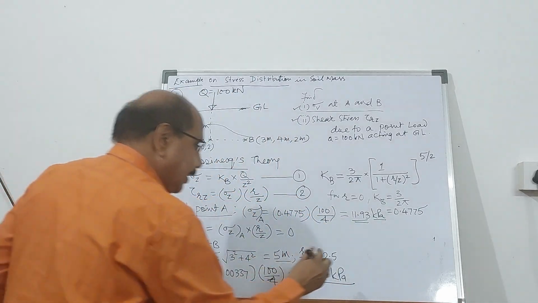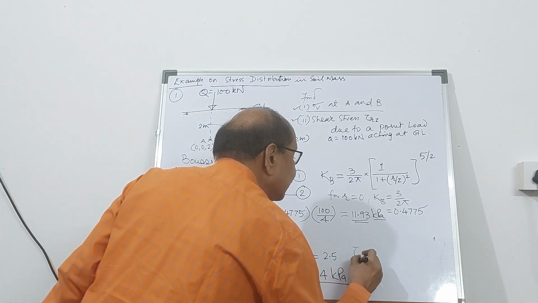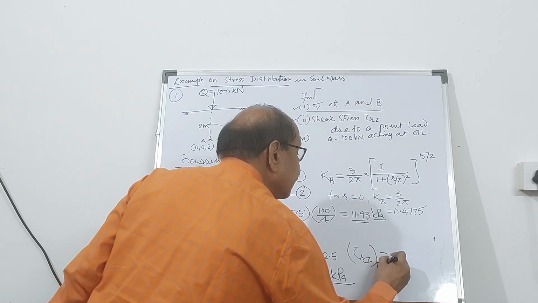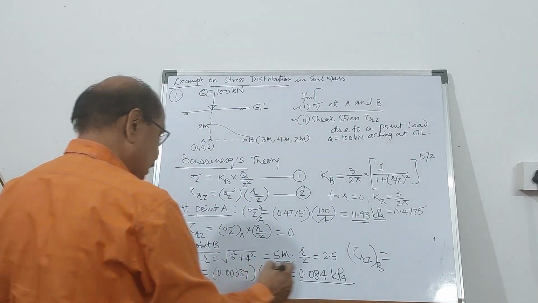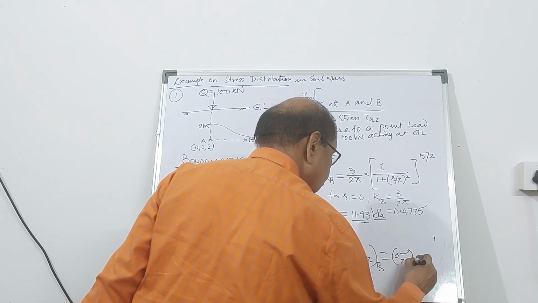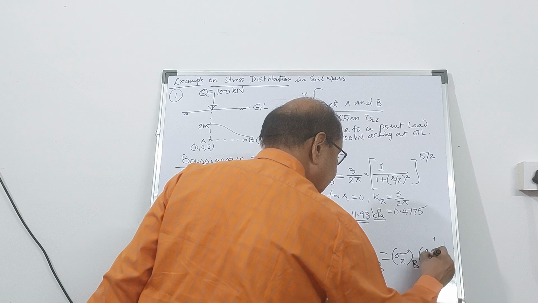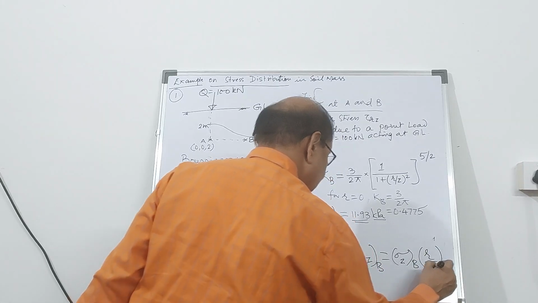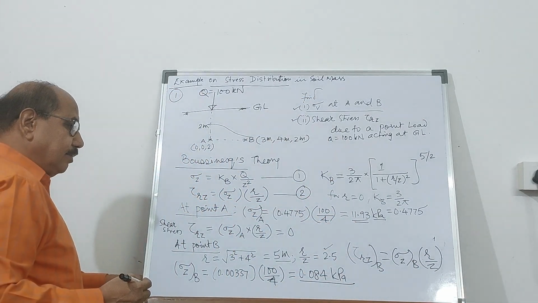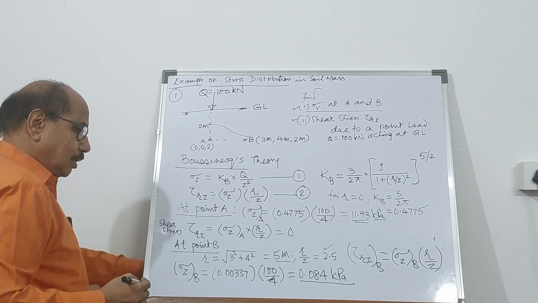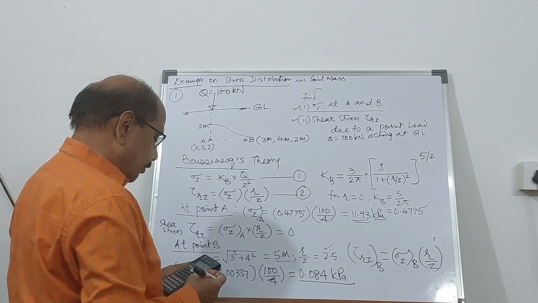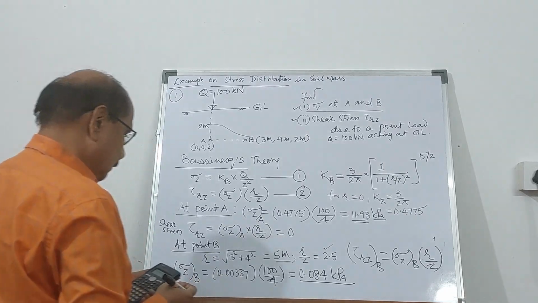At point B, the shear stress tau rz is going to be sigma z at B multiplied by R by Z. Now R by Z is already known to me, it is 2.5, and therefore I can compute it very, very easily.